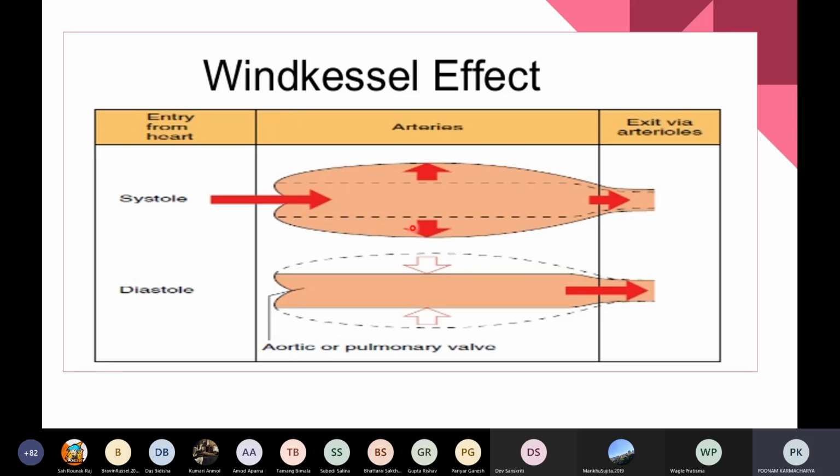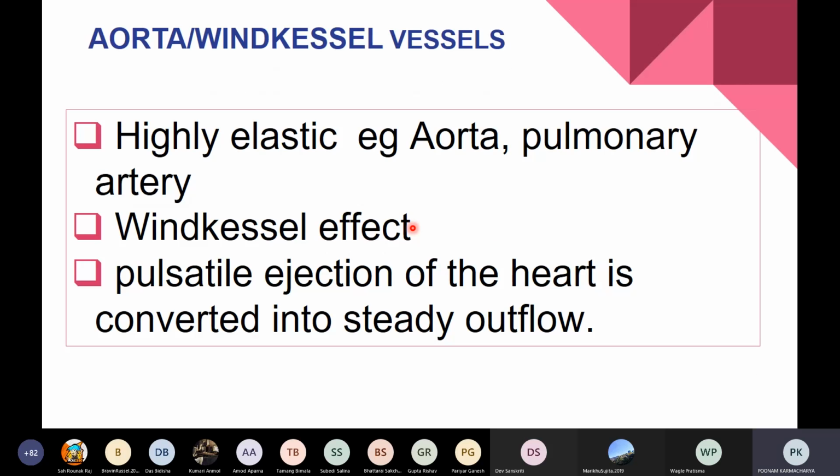Because of this Windkessel effect, the pulsatile ejection of the heart is converted into steady outflow, right?